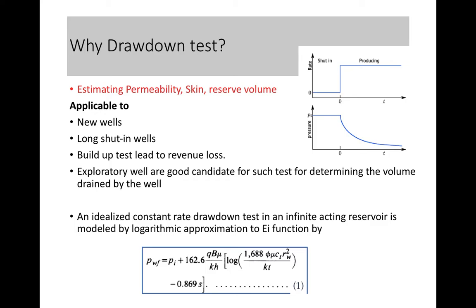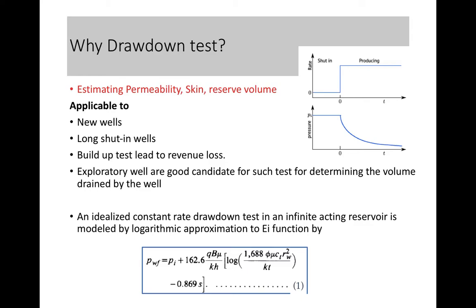These tests are particularly applicable for new wells and exploratory wells, right? If I talk about an exploratory well, we want to find out the fluid properties as well. If we could produce the fluid from the reservoir, the fluid properties can be known, and also the volume of the drainage area of the well can be easily estimated, right?